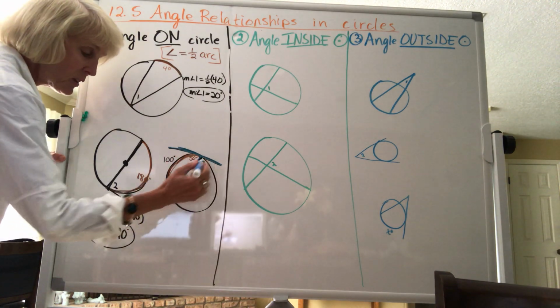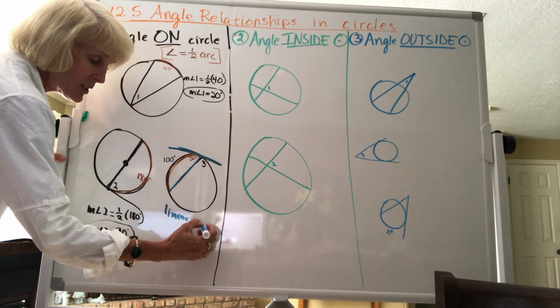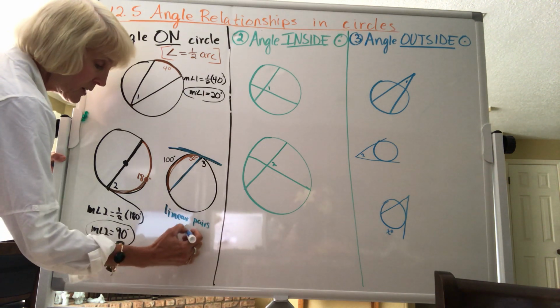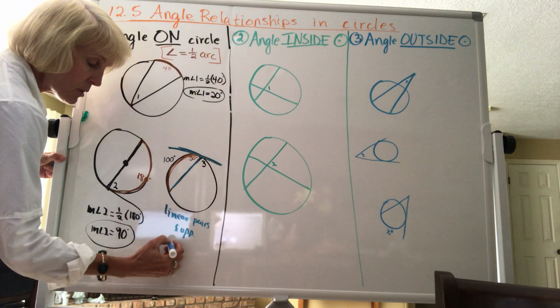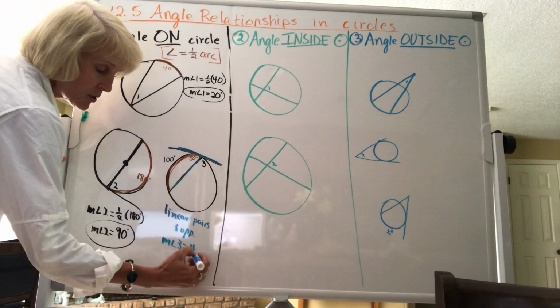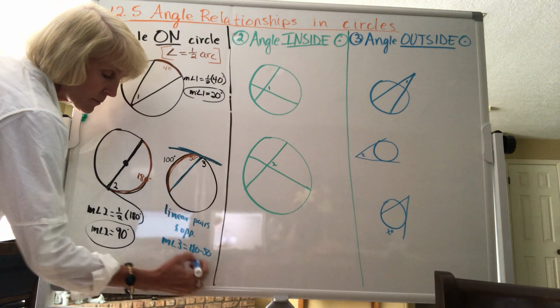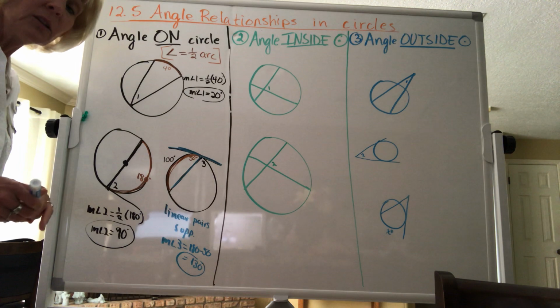So remember those were linear pairs. And what do you remember about linear pairs? They're supplementary, exactly. So the measure of angle 3, I'm just going to look at it and say it would be 180 minus 50, or 130 degrees. Now you could do this a couple of different ways.